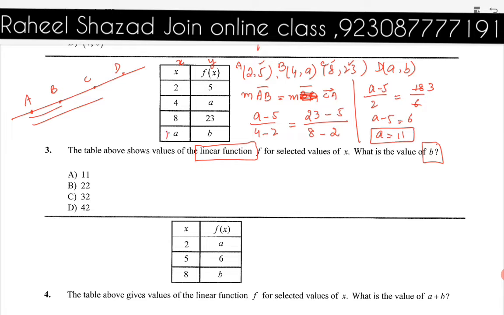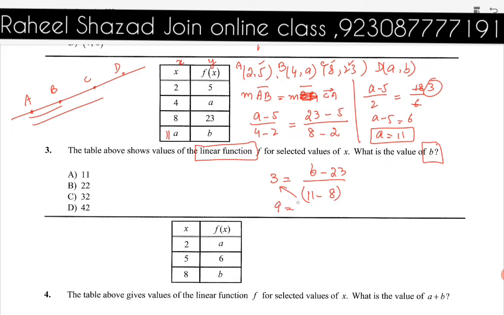Now a is 11. Since we know that the slope is 3, 3 is equal to b minus 23 divided by 11 minus 8. Now 11 minus 8 is 3, and 3 3s are 9, we cross multiplied.